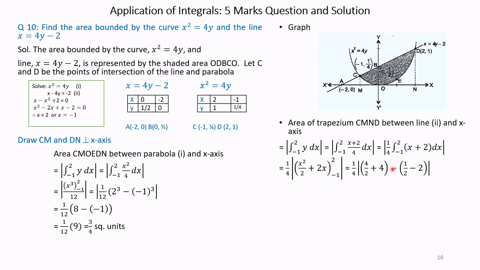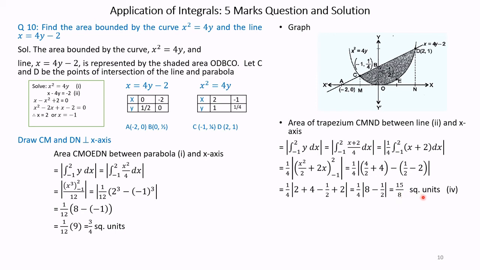Minus of x square, -1 whole square is 1 divided by 2, minus 1 minus 2. That becomes 1 by 4 into 4 by 2 is 2 plus 4, minus half plus 2. Simplifying, we get 15 by 8 units.